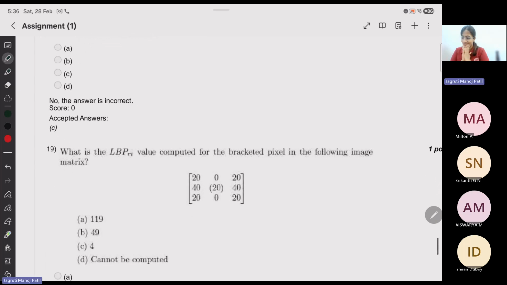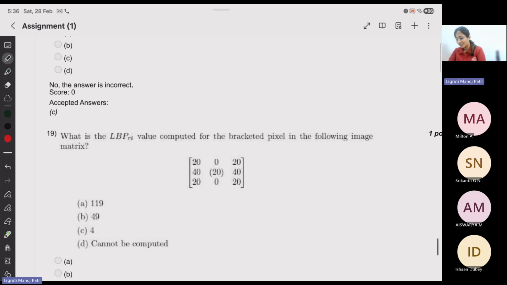Then this one question is also similar to how we did the gray level occurrence matrices. It is based on local binary pixels, and here you need to compute the value.